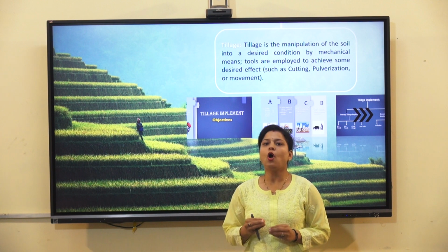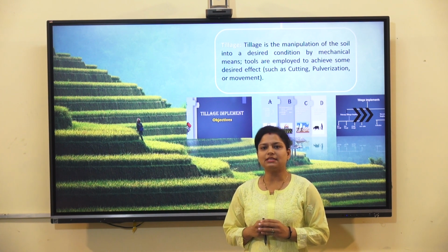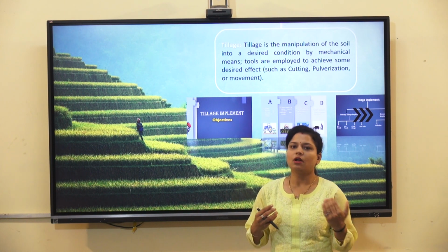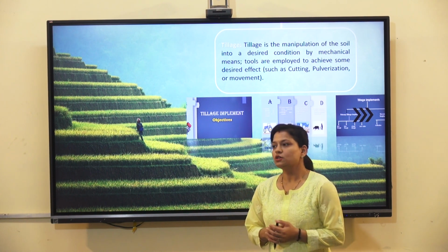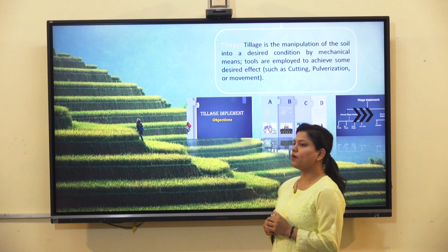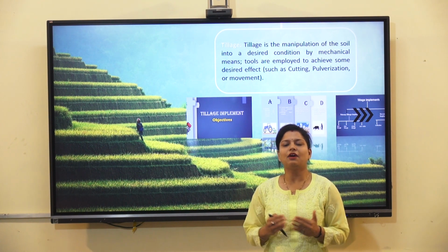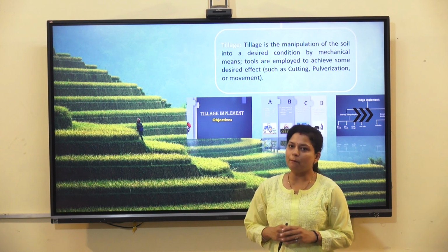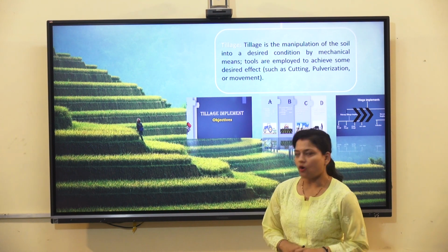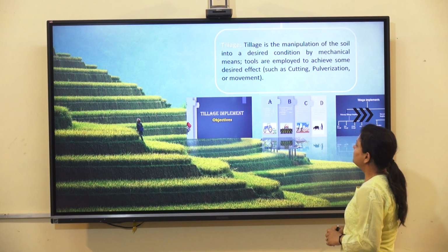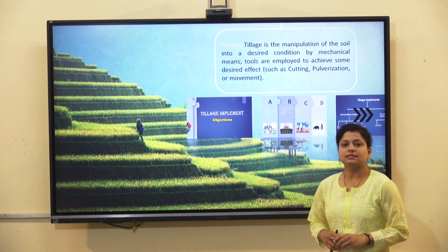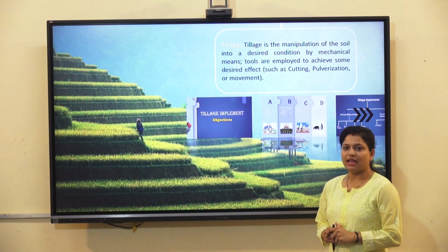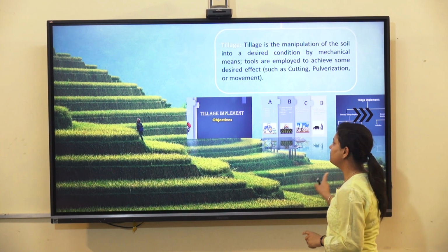If we put seed on those clods, obviously the clods will dump the seeds and they will not grow properly. So it is very important that we create a friable and favorable soil condition for proper growth of the crop. Tillage also includes three types of action: first is cutting, second is pulverization, and third is movement of the soil.